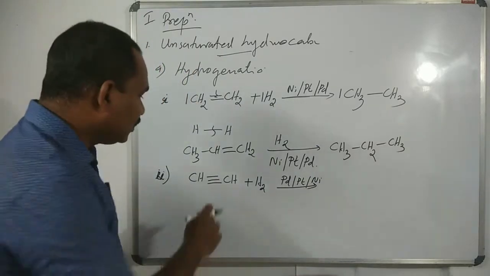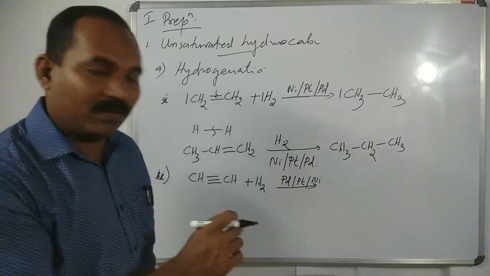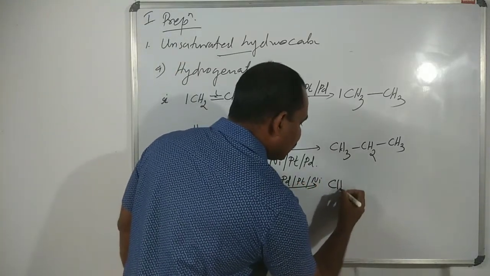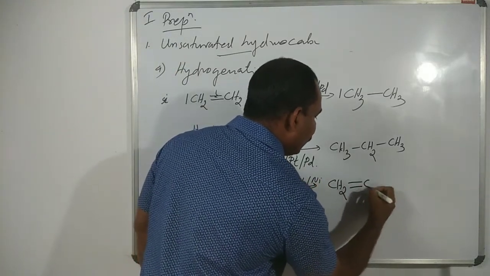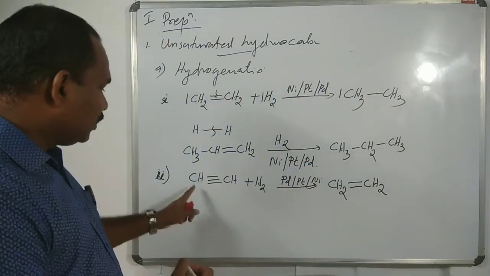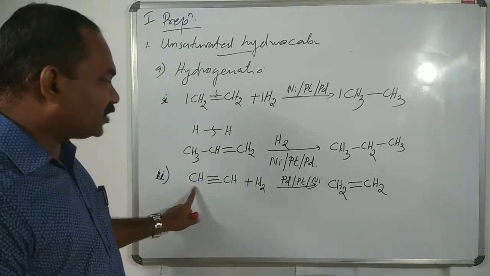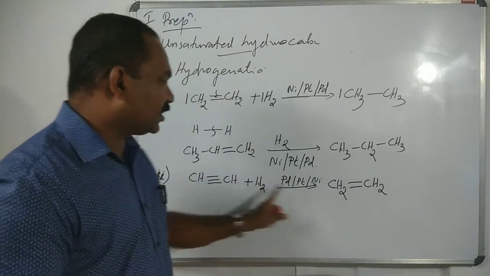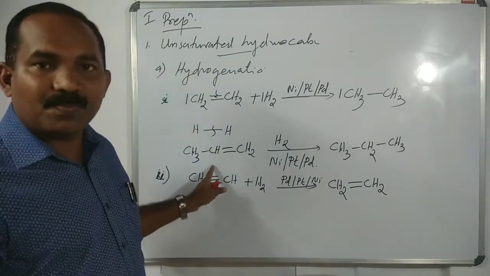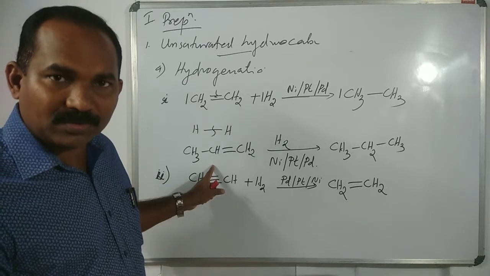What happened? 1 mole of hydrogen is added to 1 mole of alkyne. We get CH2 double bond CH2. CH becomes CH2, this CH becomes CH2. Remember, one of the pi bonds breaks.